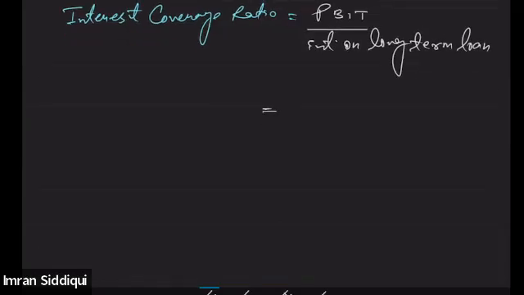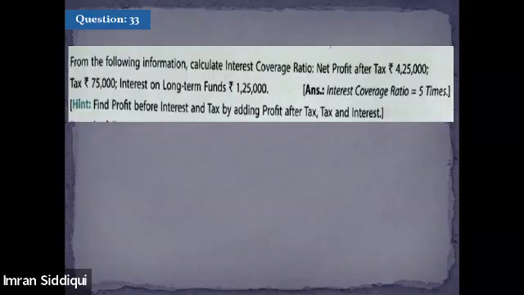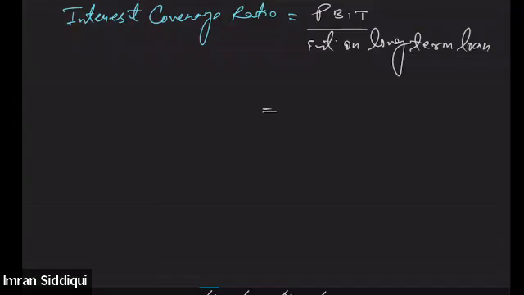First of all, you have to understand how do we get the profit after tax. See, what happens now? First of all, we get the value of the profit before interest and tax. From profit before interest and tax, first of all, subtract the amount of interest that is payable.